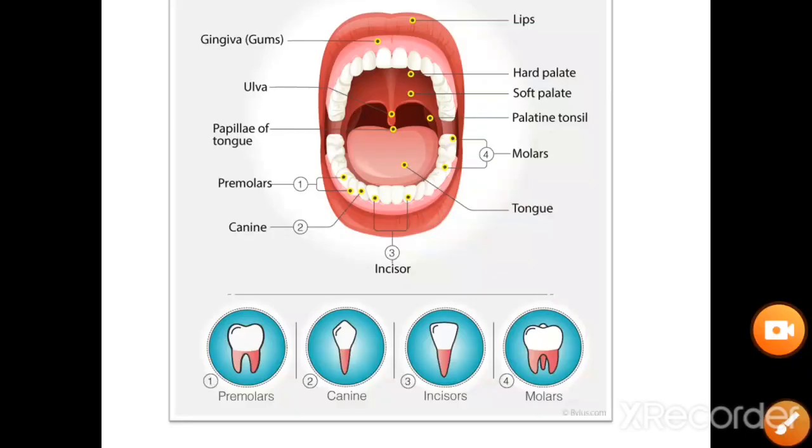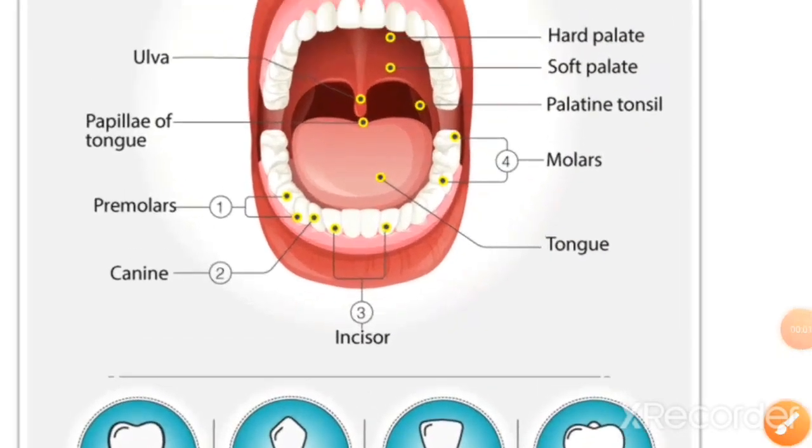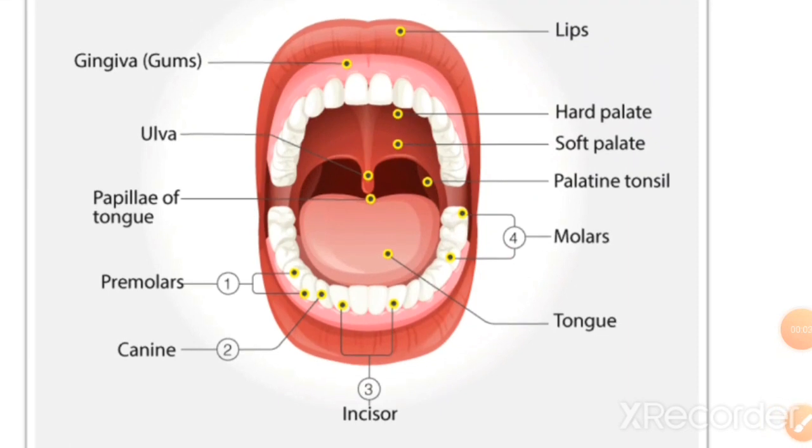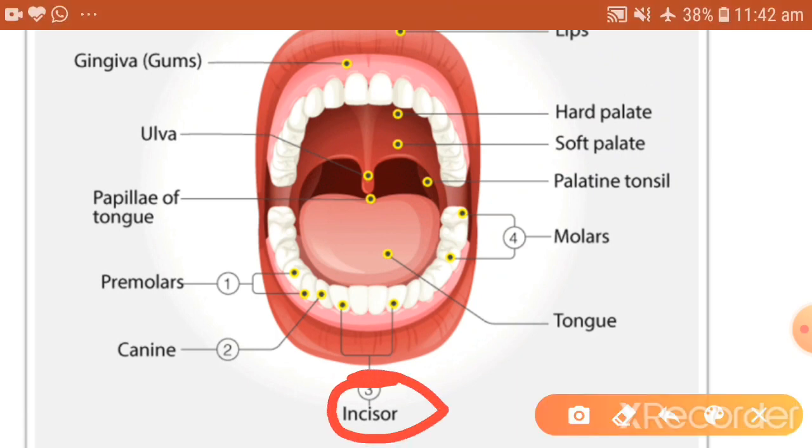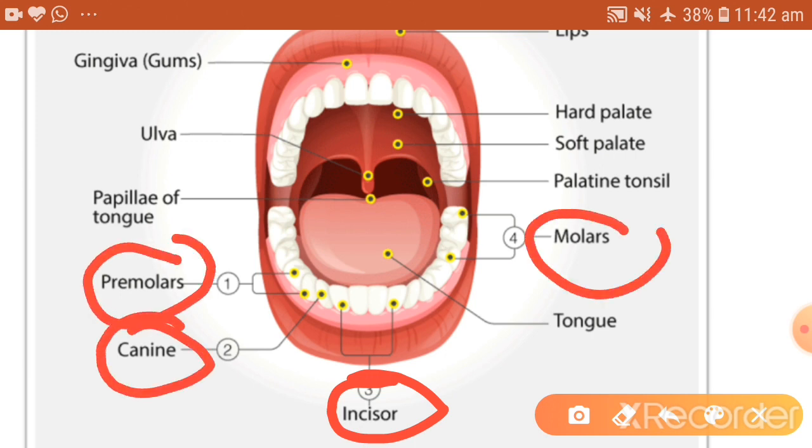Let us have a look at the structure of the teeth. Here you can see there are different kinds of teeth inside your mouth. This white bony structure, these are the teeth. Let us do the 4 different types of teeth, which are incisors, canines, premolars and molars.